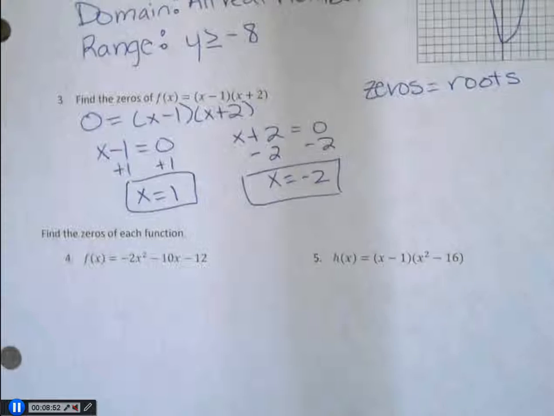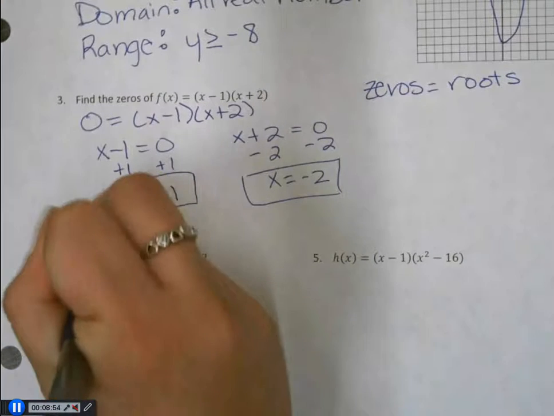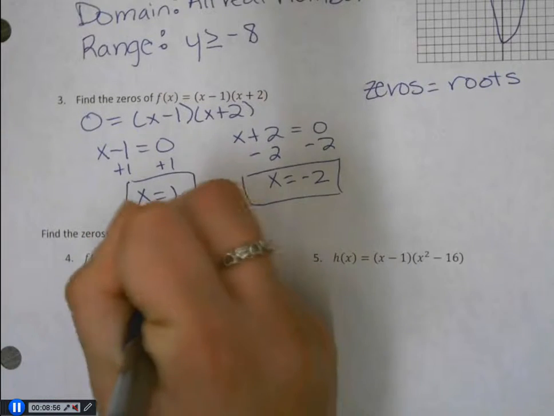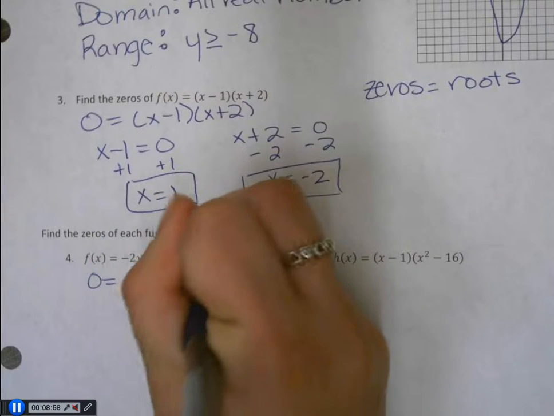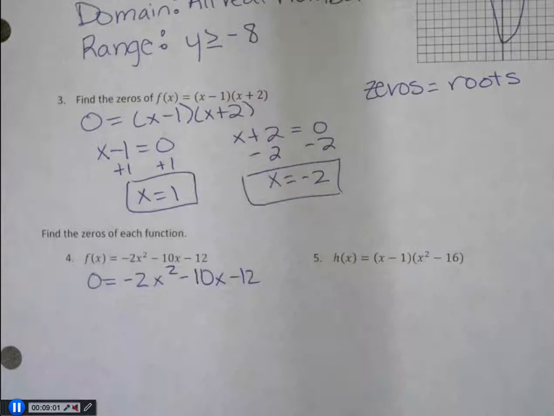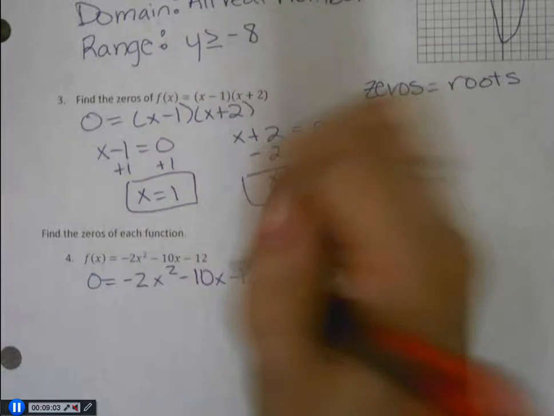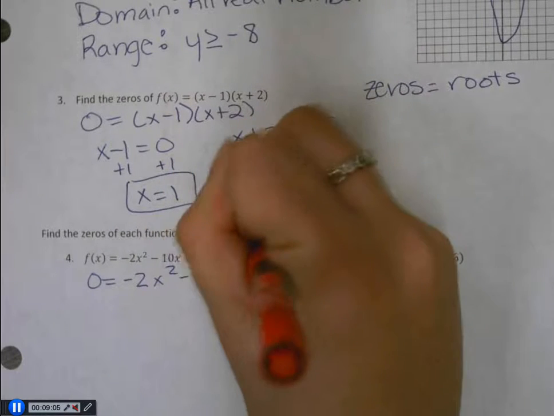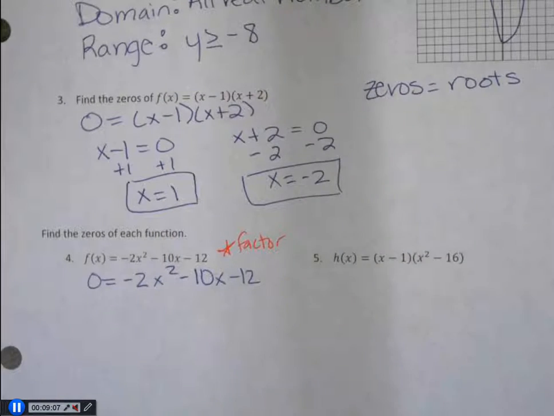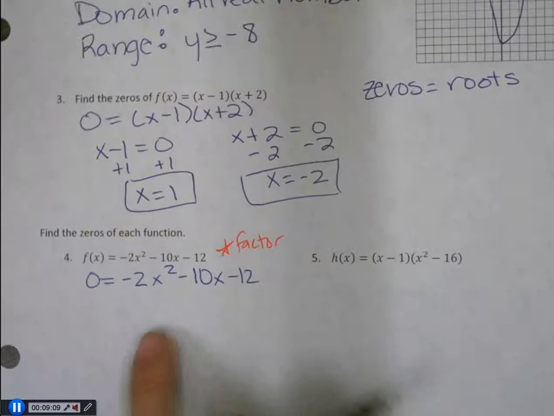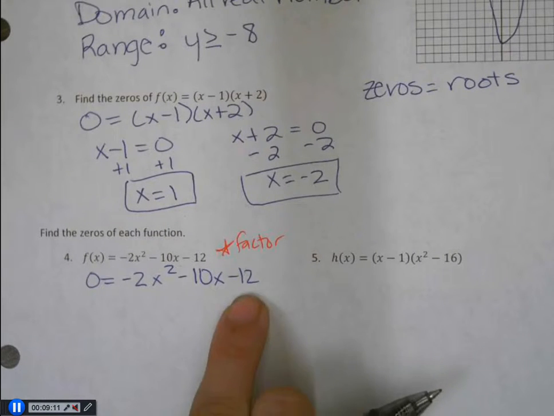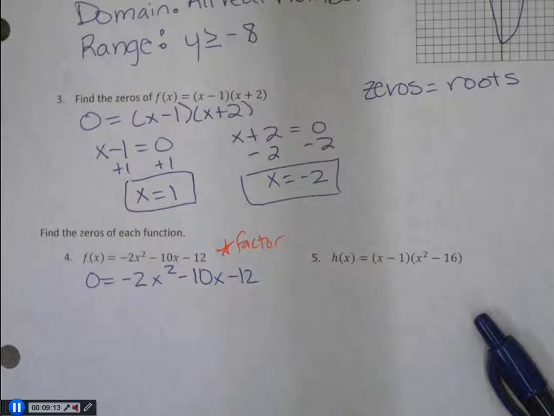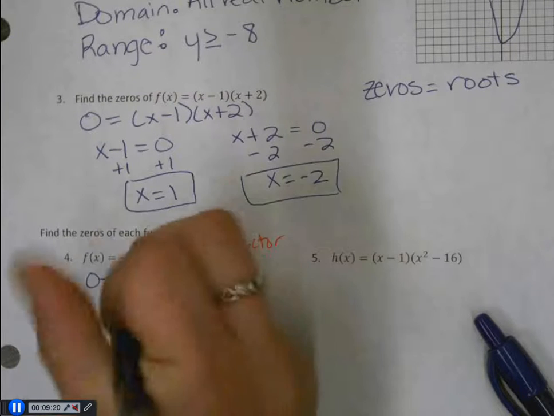So 4 and 5 are also still finding zeros, but this time I need to factor. Okay. On this one, what do -2, -10, and -12 all have in common? What can I divide out of all 3 of those numbers? -2.